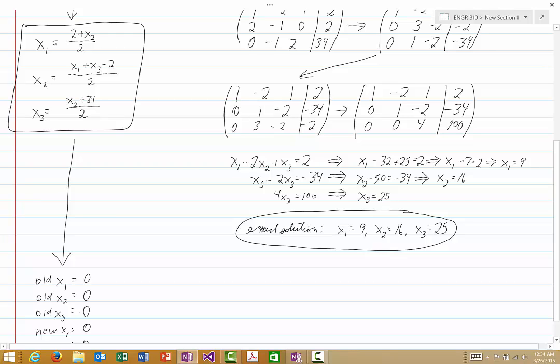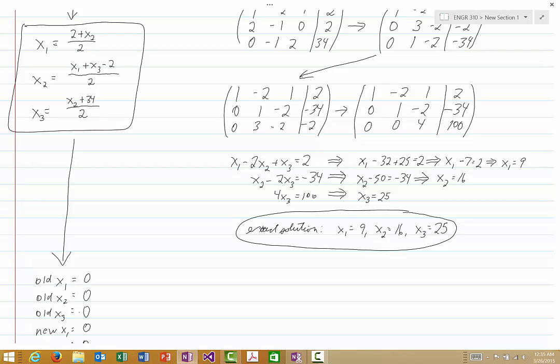But in some cases, if the system of equations corresponds to some physical problem you know about, and you have a rough idea of what x1, x2, and x3 are going to turn out to be, then it can make this procedure a lot faster if you make an educated first guess. If your first guess is fairly accurate, you might converge to a good answer very much more quickly than you would if you started out with a guess of all zeros.